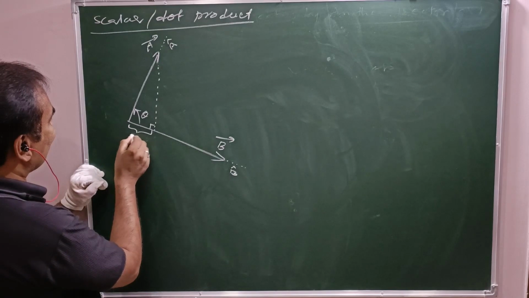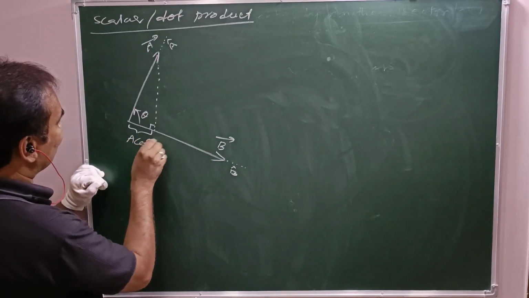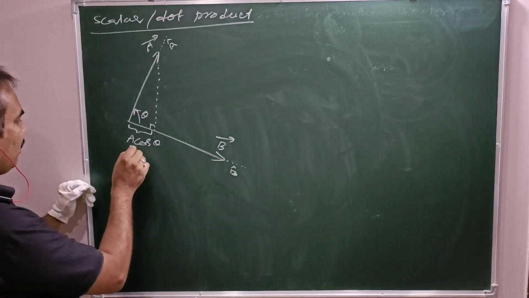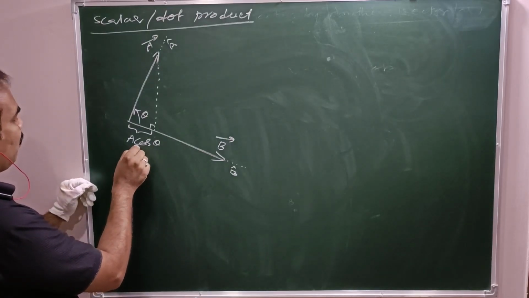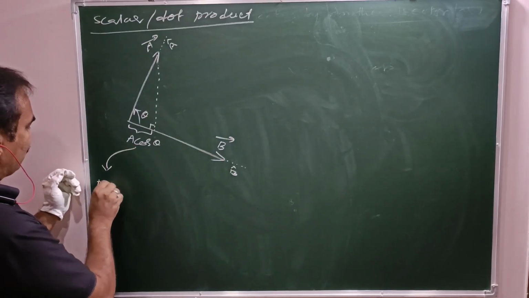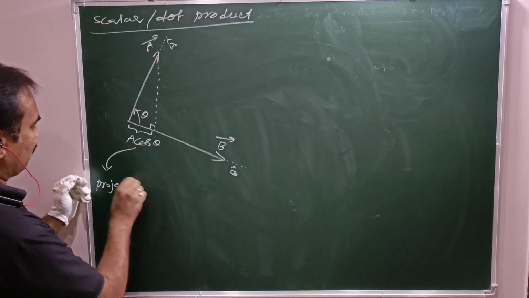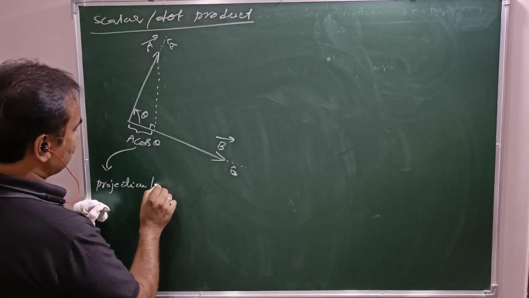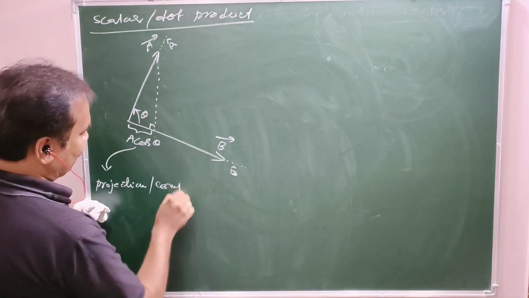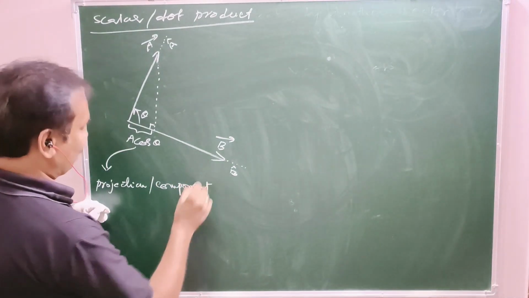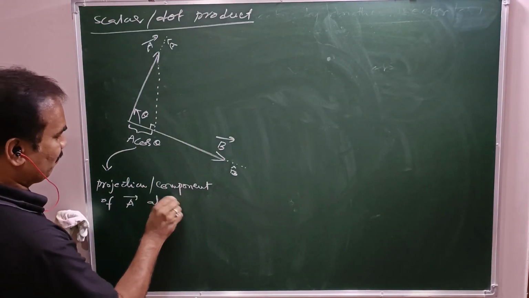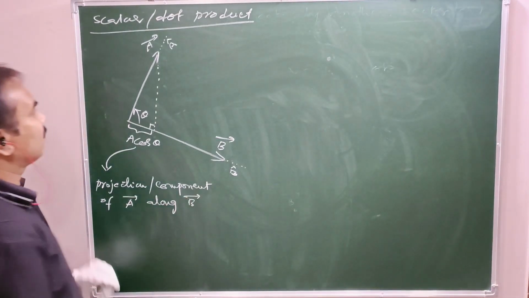A cos theta. Projection or component of A bar along B bar, right?